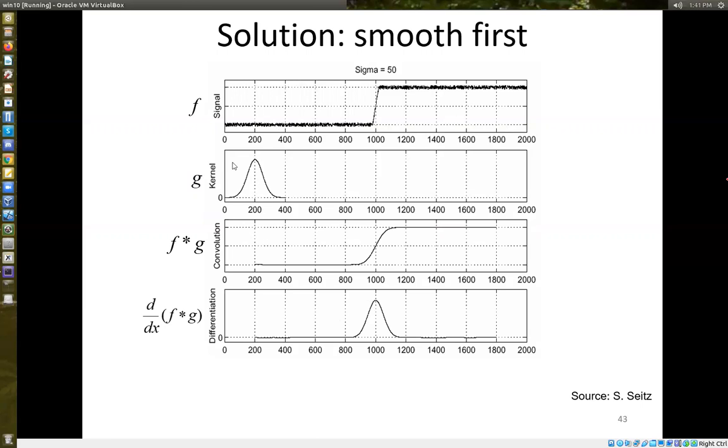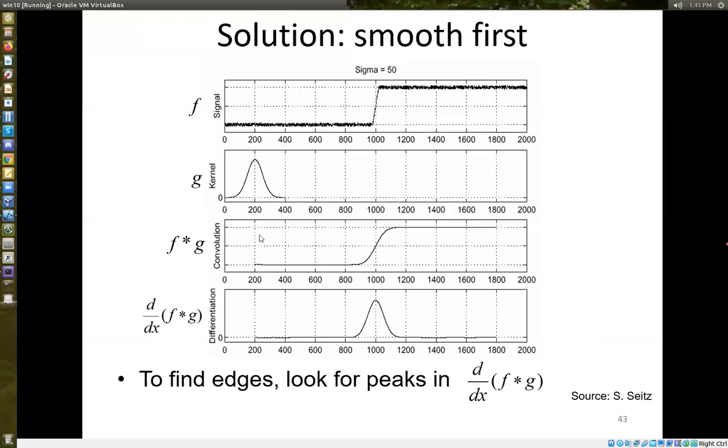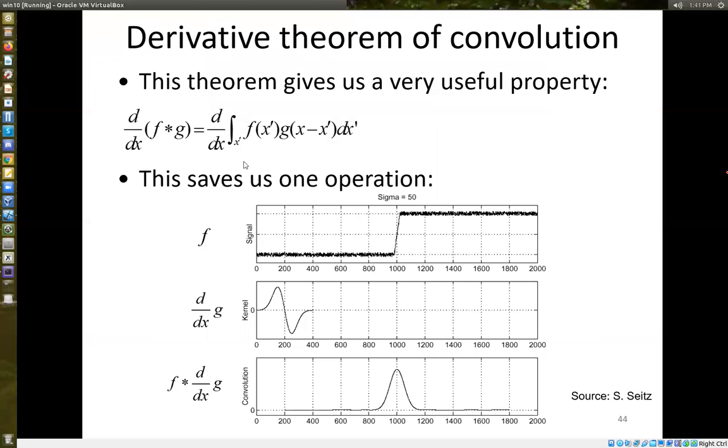Of course this is two steps: I first do a filtering, and then I do a derivative. But actually I can combine these two steps together. If I'm filtering with a kernel G here, then the convolution is something like that.